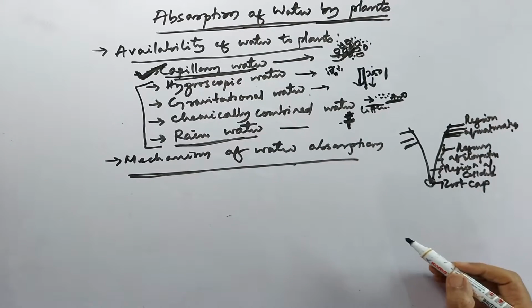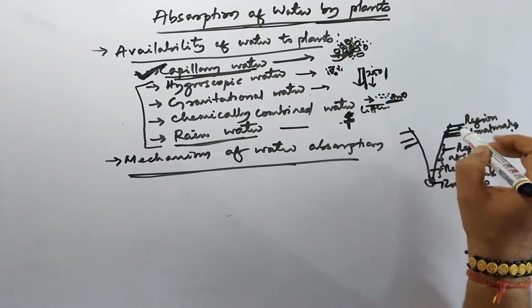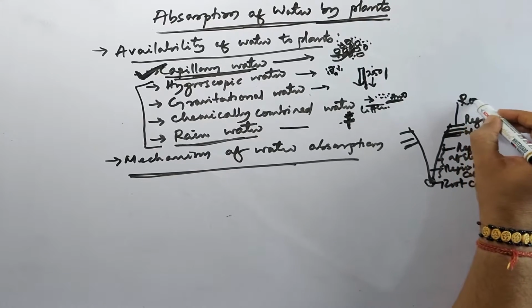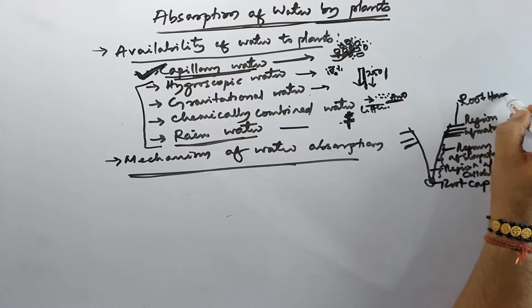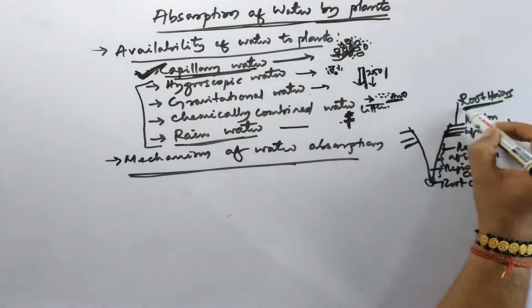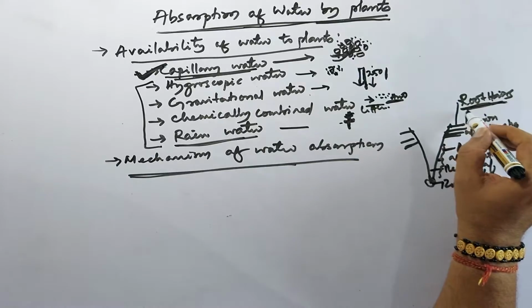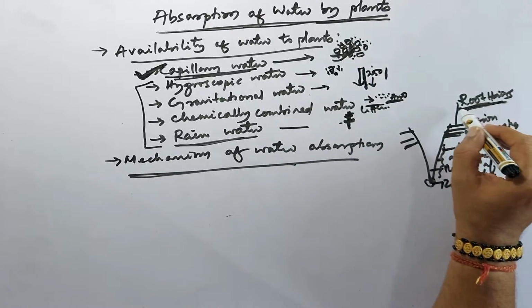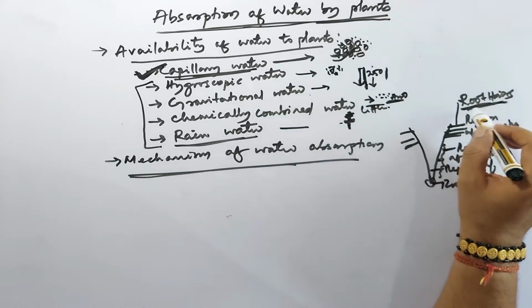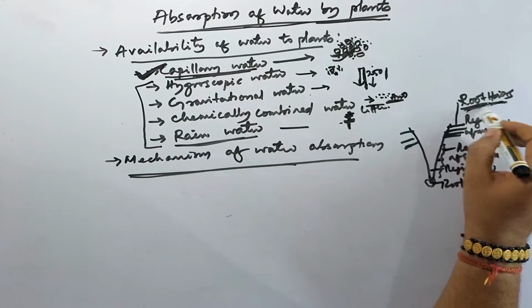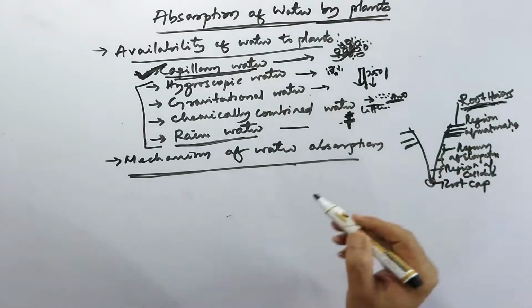From this it is clear that the region of maturation contains the root hairs, and root hairs mainly absorb the water, because they are very large in number and increase the surface area for absorption.